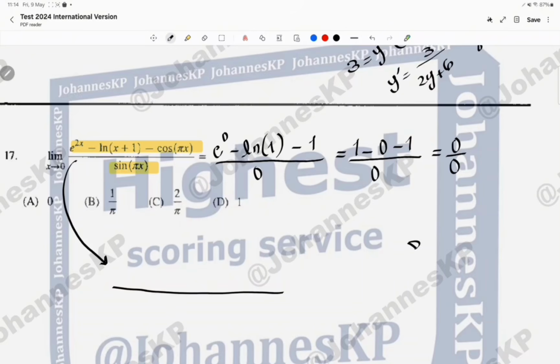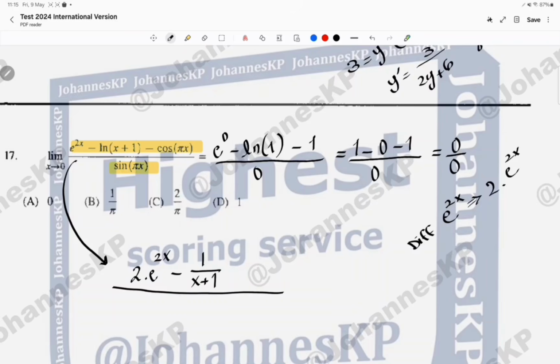So look, when you differentiate e to the power of 2x, you will basically copy paste e to the power of 2x and multiply by the derivative of 2x, which is 2. So we're going to have 2e to the 2x minus.